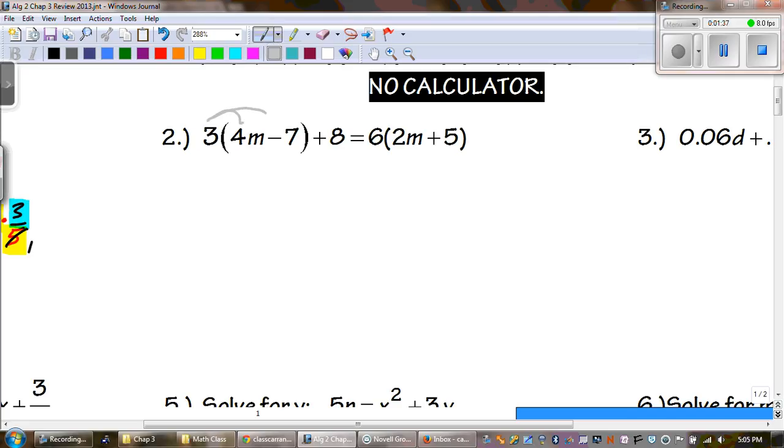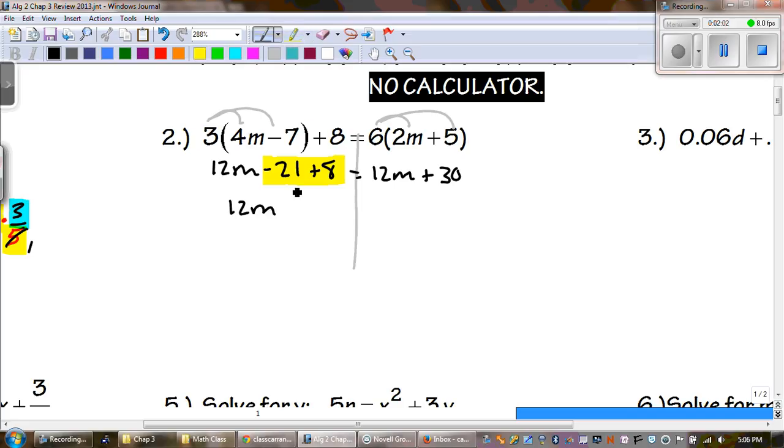We need to distribute, and we have to distribute twice. So when we do that, we get 12m minus 21 plus 8 equals 12m plus 30. Now on the left side, we can combine like terms, and we get negative 13 equals 12m plus 30.